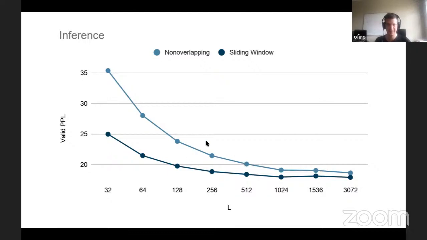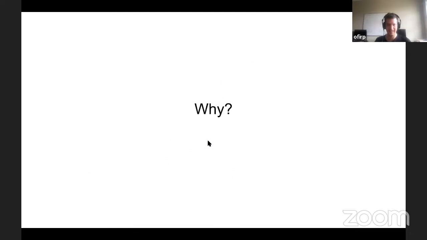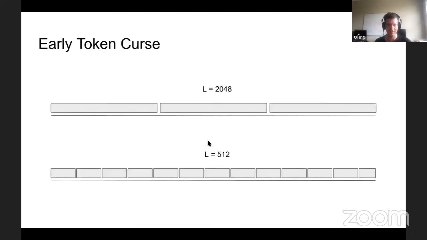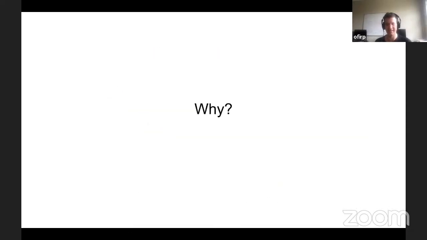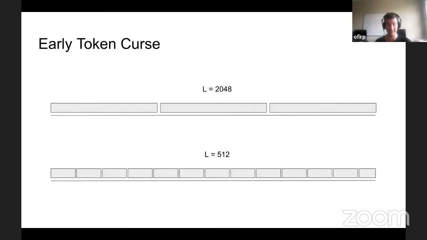I can't remember what I'm asking here. Why what? Oh, so why do we think sliding window inference helps so much? I mean, I think it's pretty obvious, but we talk about this a bit in the paper. We call this thing the early token curse.